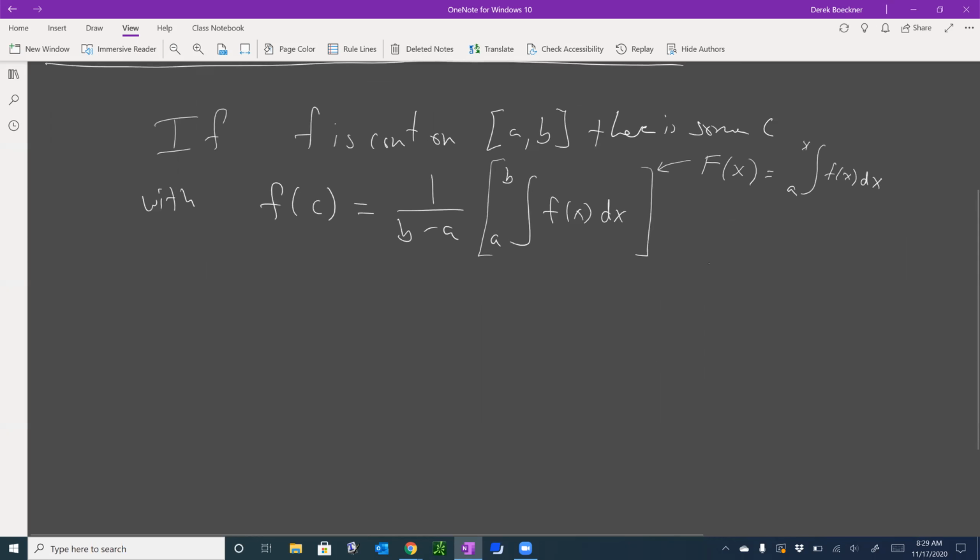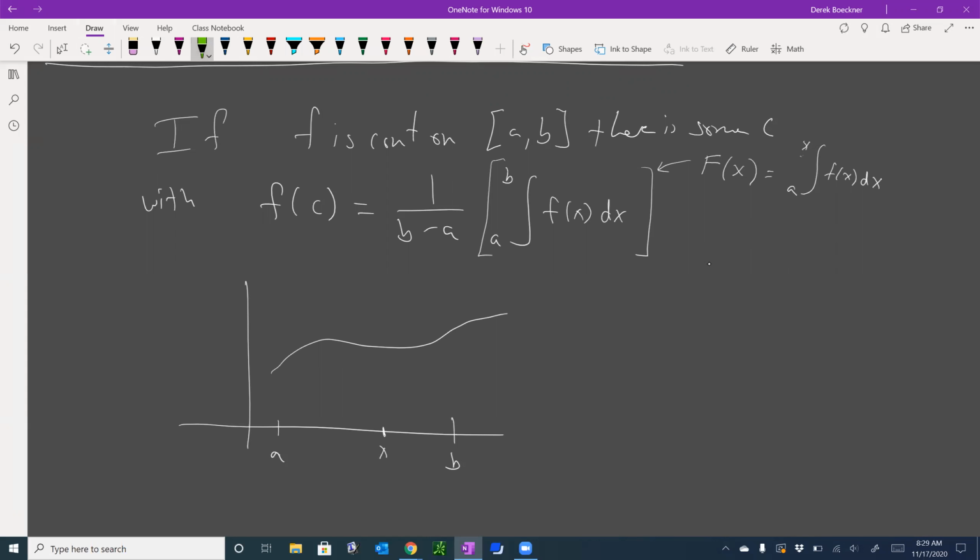So what's going on with this picture is, here's A, here's B, here's this thing, and then X is somewhere in the middle. And F of x is going to be the area from A up to X.